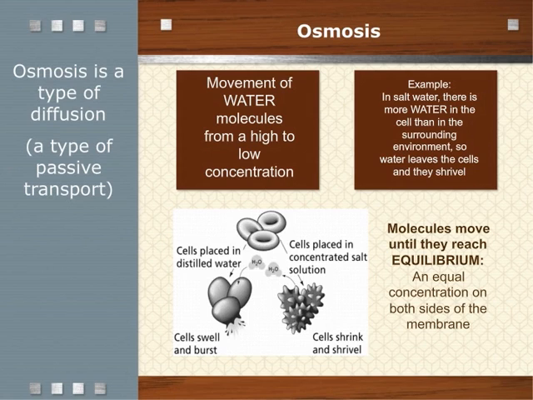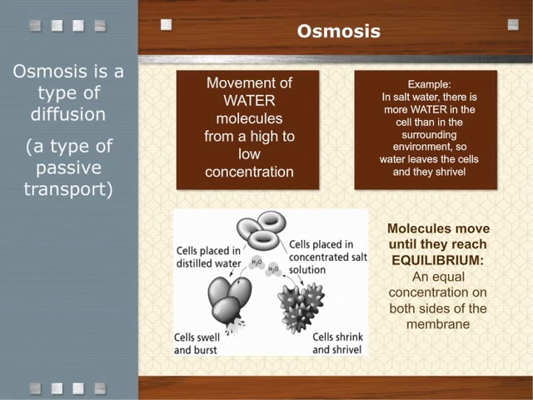The water will move from a high concentration outside the cells to a low concentration inside the cells. And in the case of red blood cells, which are animal cells, they can swell up and the membrane can burst. Similarly, if you place the cells in a salt water solution, there's actually less H2O outside the cells.